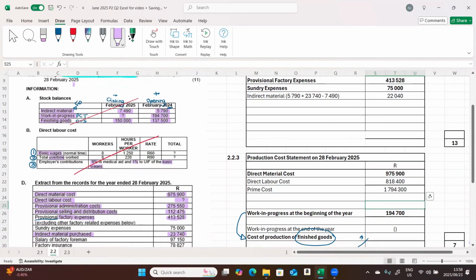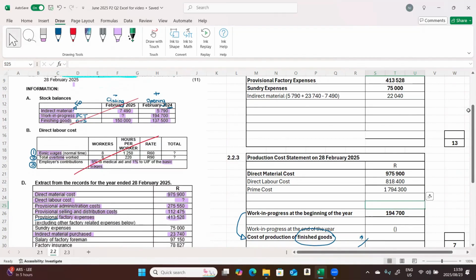Then we go to sundry expenses. Usually the sundry expenses could go to any other factory segment or business segment. But can you see that the total of 75,000 Rand for sundry expenses is under factory overheads? Look here.